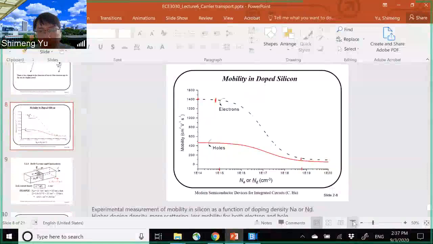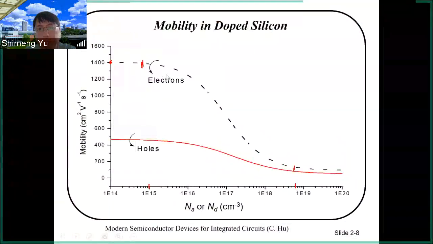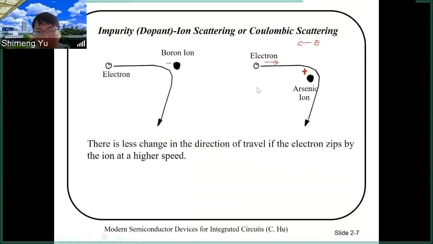This is what we experimentally measured from the doped silicon. So you see the mobility will decrease with the doping. And the reason is the scattering. As we discussed, if you have more doping, then you have more frequent scattering. So the mobility will decrease.